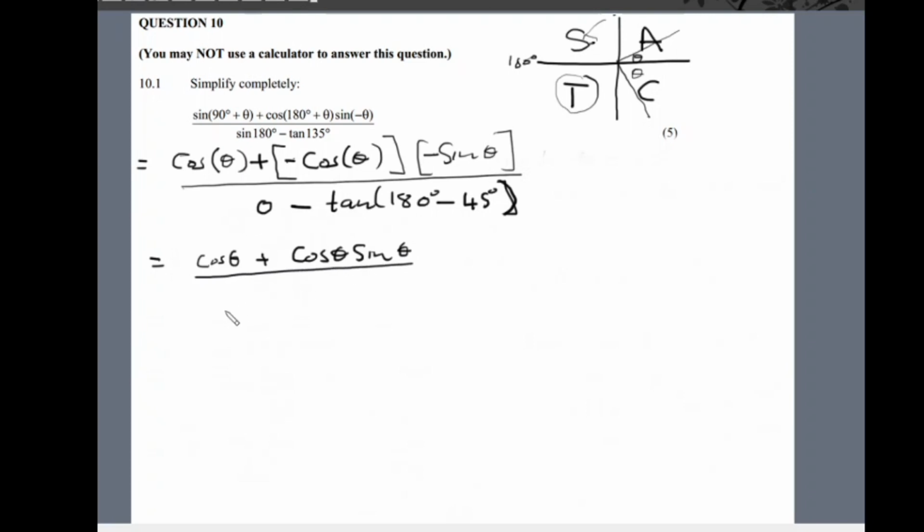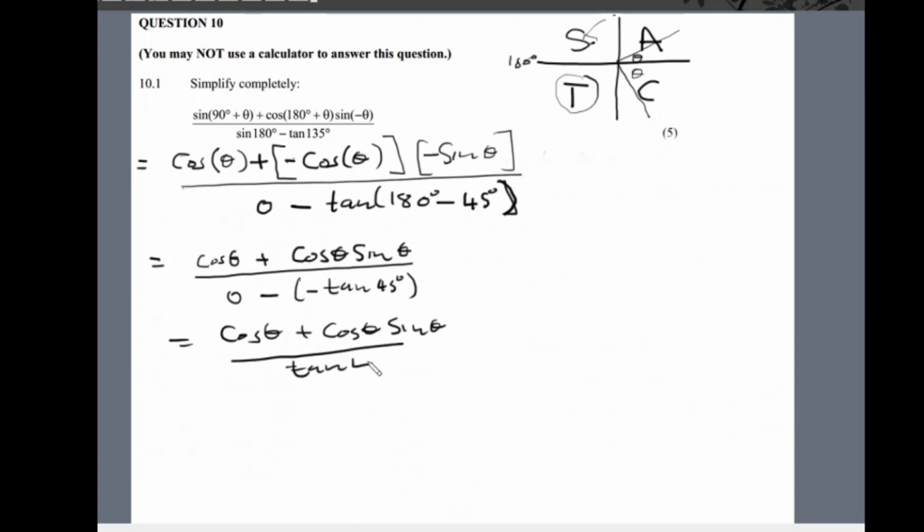And then in the denominator we'll have 0 minus tan 45, so we'll have cos theta plus cos theta times sin theta divided by tan 45, right? 45 is a special angle, so from this triangle here we know the special angles 45 and 90 will mean that the hypotenuse is equal to the square root of 2, and the other sides are equal to 1 unit.